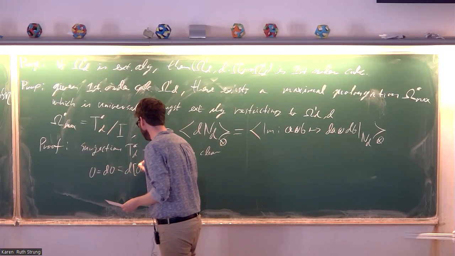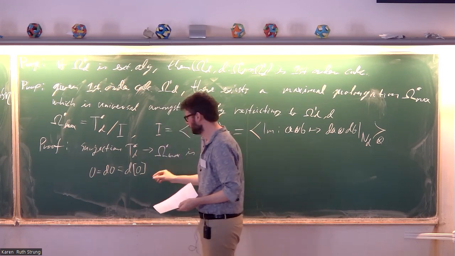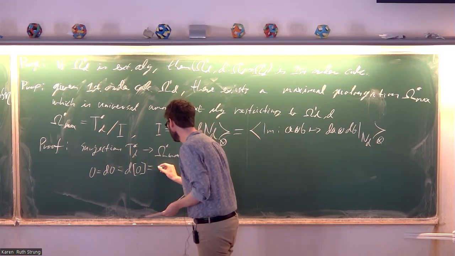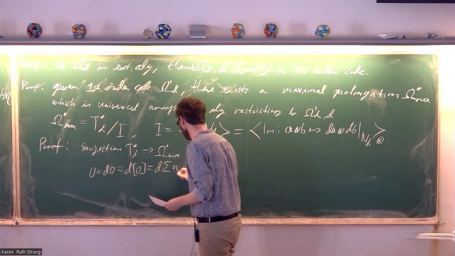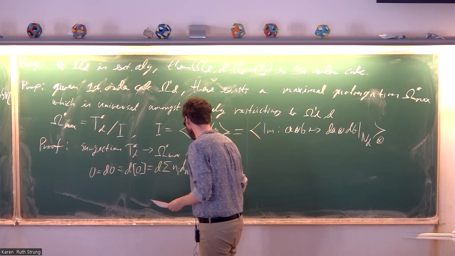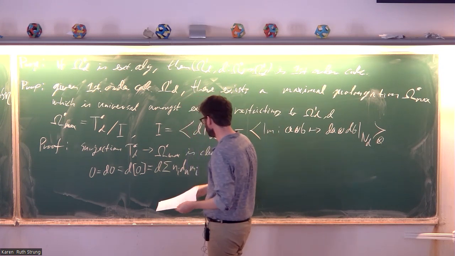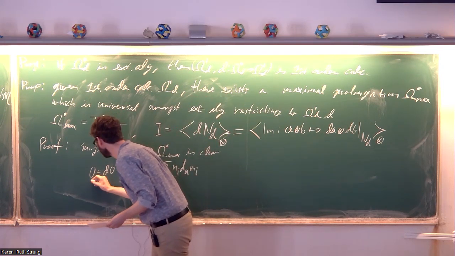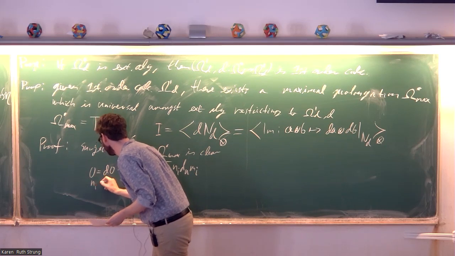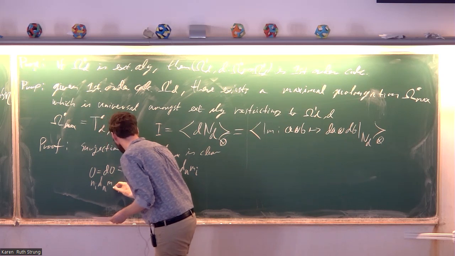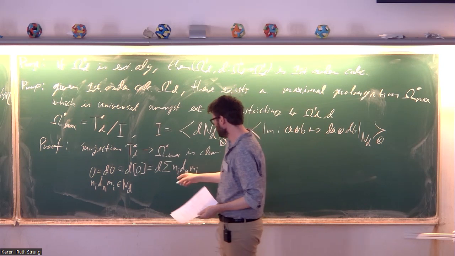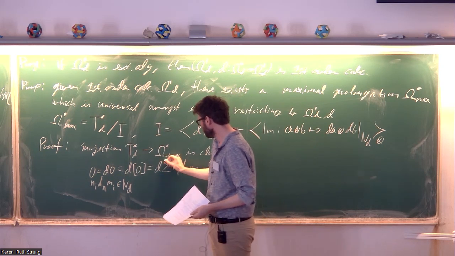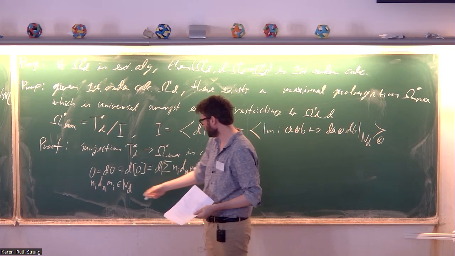This will be d of the class of 0, which will, if you use the Leibniz rule, be precisely d of things that come from M_d.